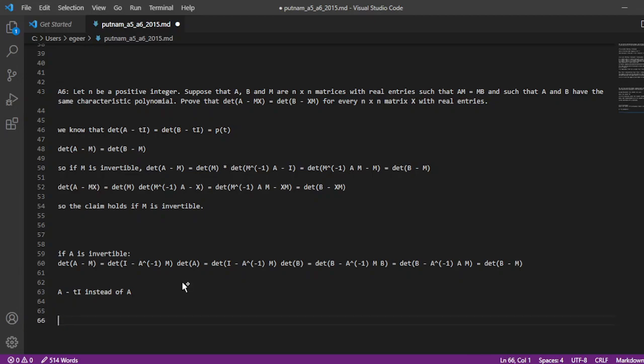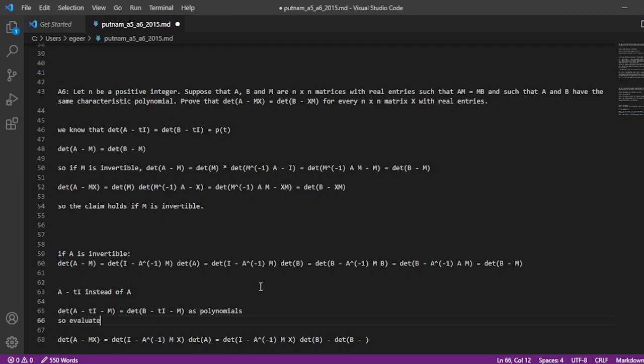now do the same thing. Hold on, I'd want to keep this actually. Let's start with A minus Mx. And I'll try to basically do the same thing here. So I'll get A inverse Mx determinant A equals determinant A inverse Mx determinant B. Hold on, let me clarify this.